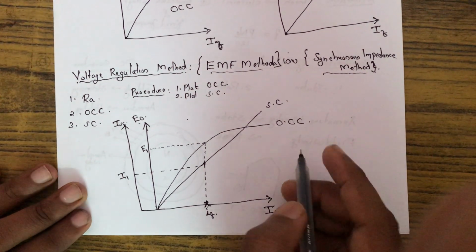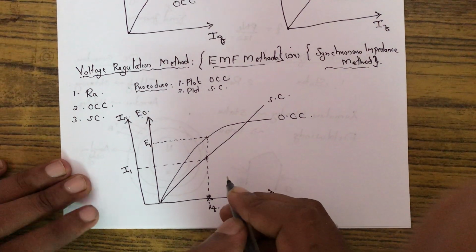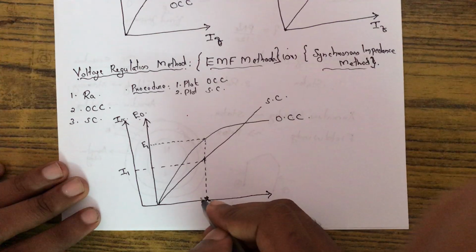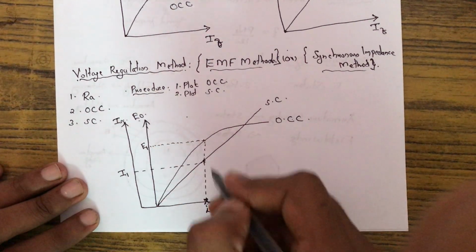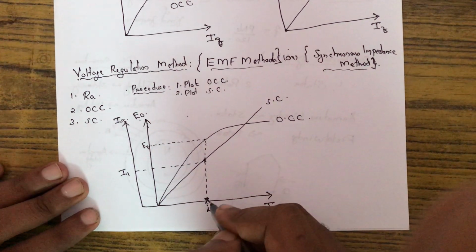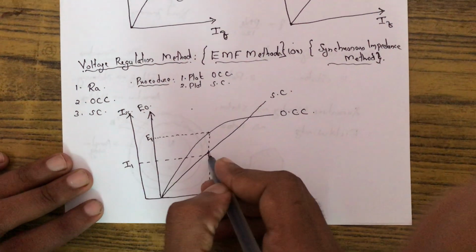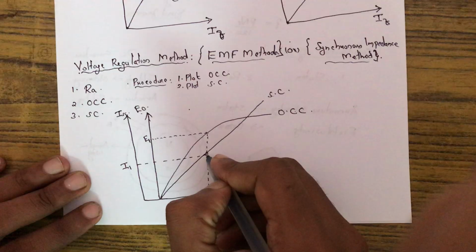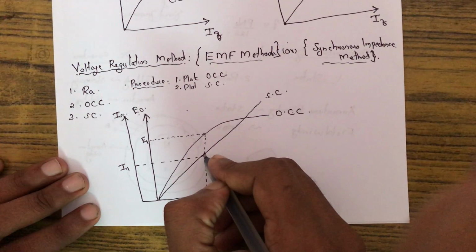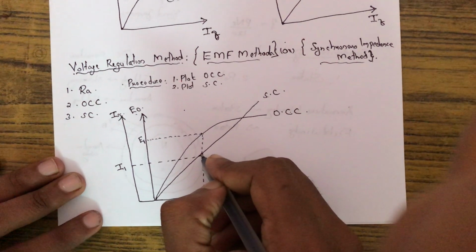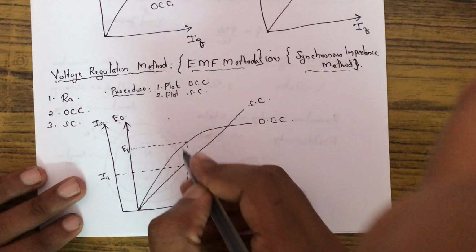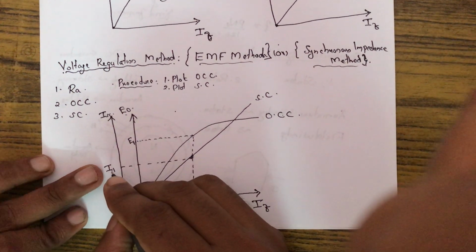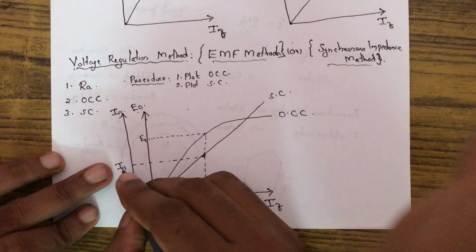So when the open circuit voltage corresponding to the field current is E1, and the winding is short circuited, what do we mean by this short circuit? When the winding is short circuited, the terminal voltage is 0, hence it may be assumed that the whole of this voltage E1 is required to supply this current.